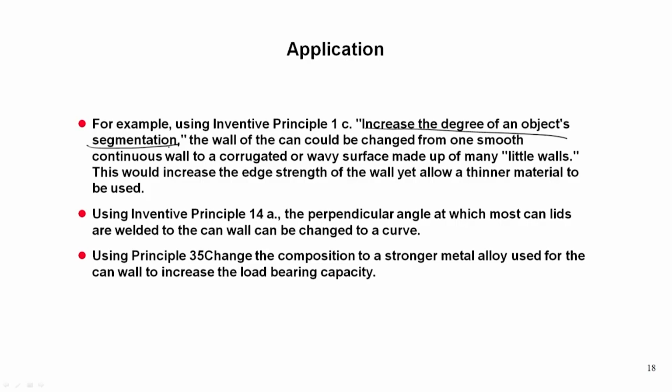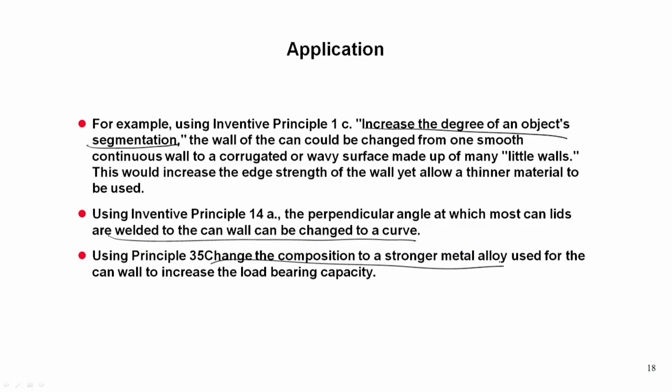Segmentation or modularity, we are very soon going to see. Principle 14 talks about the perpendicular angle at which most can lids are welded to the can, and that can be changed to a curve. We will see what it is. And principle 35 tells us to change the composition to a stronger metallic alloy or to a polymer which can sustain the load, yet has a low density. So, 1, 14 and 35 thus can be used to solve your problem.